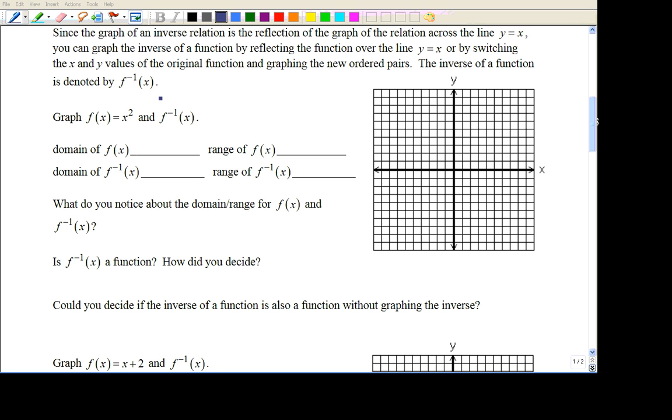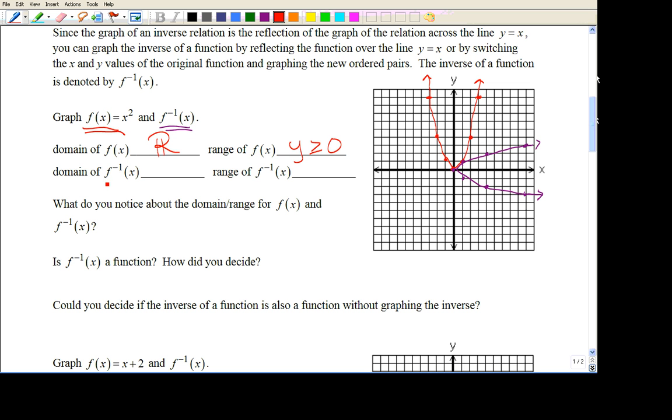So let's graph f(x) equals x squared and the inverse of f(x), and then we'll list the domain and range of each. So here's f(x) equals x squared, and in purple you see the inverse of f(x). The domain of f(x), our regular x squared, is all real numbers, and the range is the y values greater than or equal to 0.